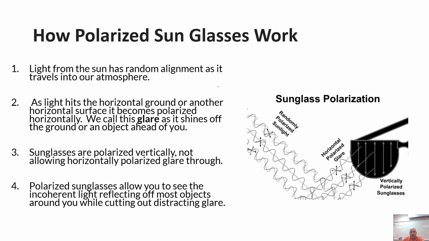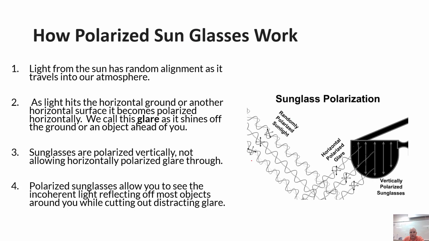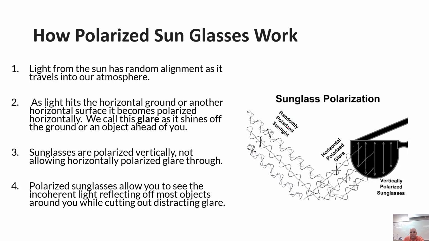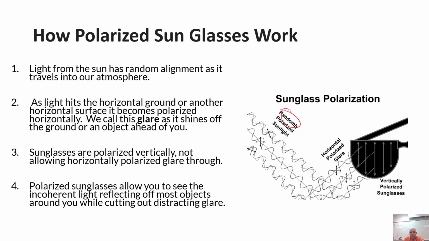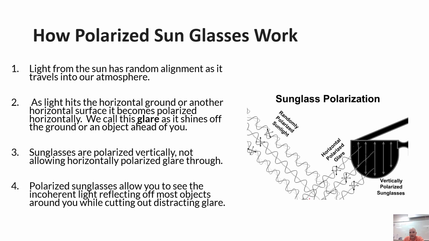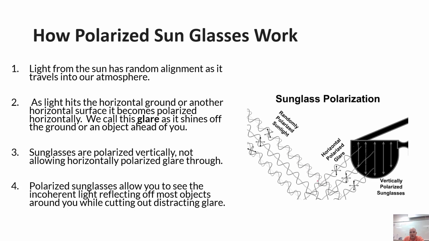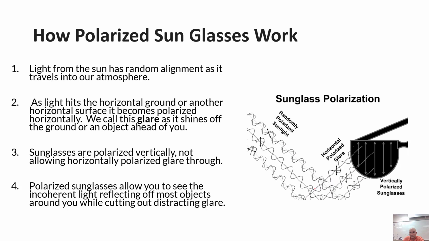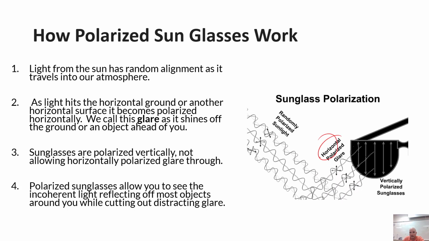Now, with sunglasses and how they work, when light's coming from all around you, specifically the sun, you have randomly polarized light rays coming at you. When they bounce off a surface, like a car in front of you or the ground, that light will start getting aligned. They'll be horizontally aligned.